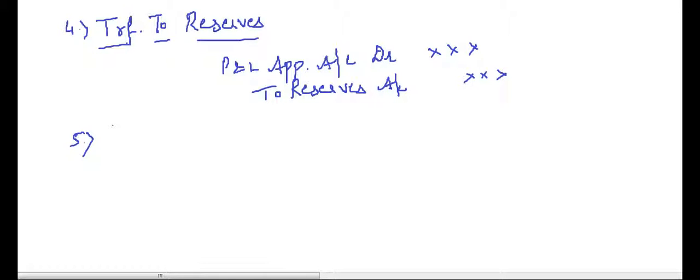On the credit side we have interest on drawings, and finally whatever profit is left is to be divided among the partners. So finally we have transfer to partners.